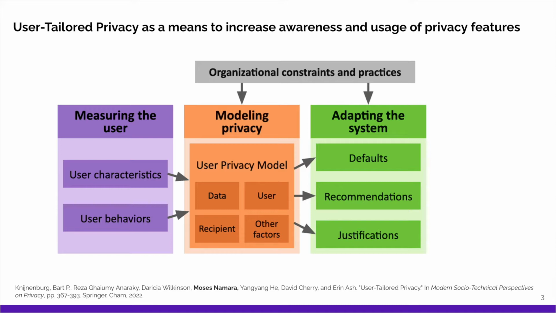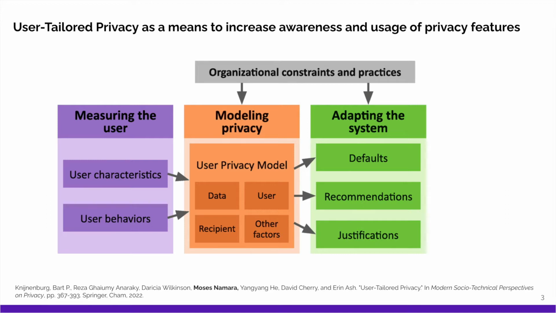So basically the idea is that we can learn about the user's behaviors or characteristics and use those to come up with models that we can then apply to help users in their privacy decision making process, most especially in application of the privacy controls on most of these sites.